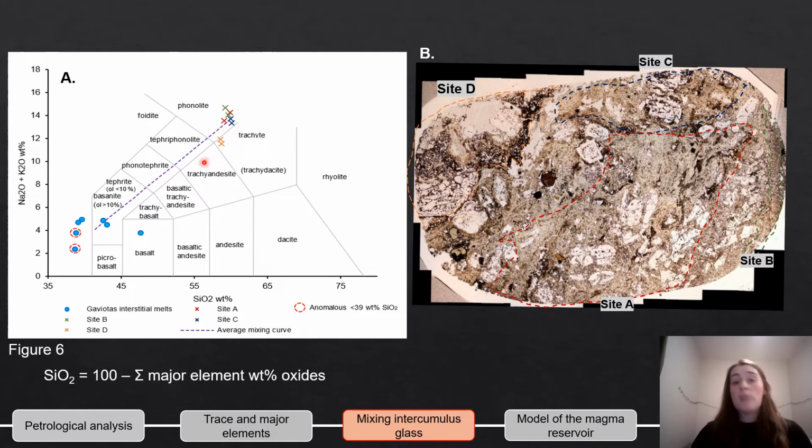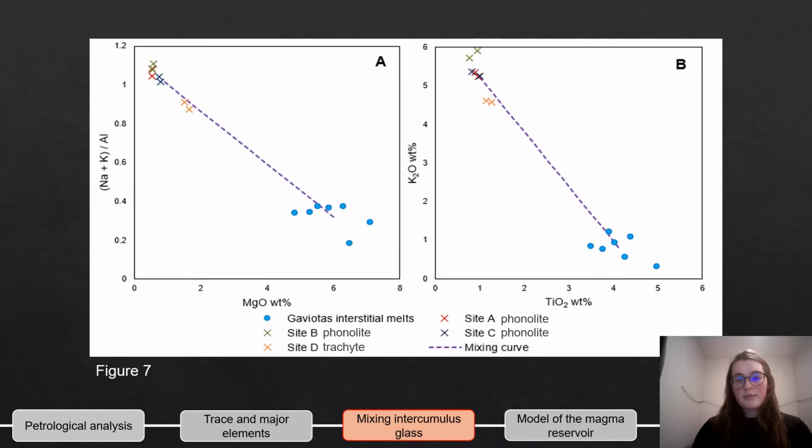Comparison with the interstitial melt material of the Gaviotas, calculated from the major element data, shows that these compositions lie on a mixing line, with the Site D trachyte composition plotting slightly below the line and towards the interstitial melts. However, as the interstitial melt silica is poorly constrained, it is better to examine magma mixing using other major element ratios.